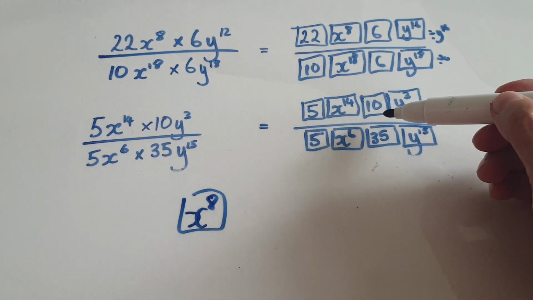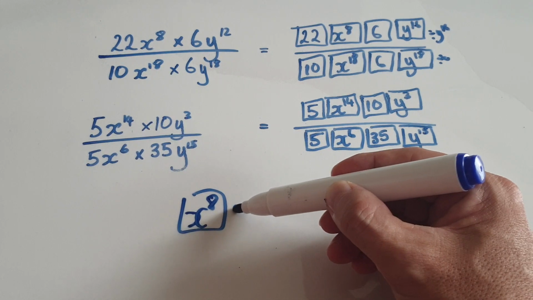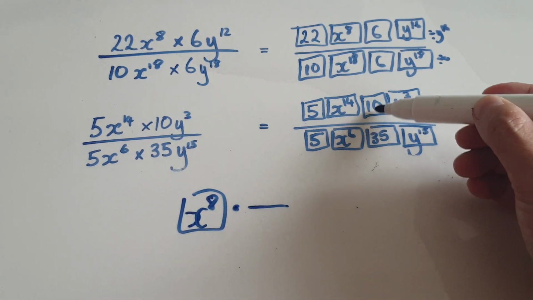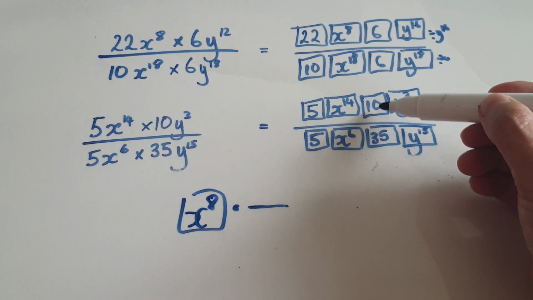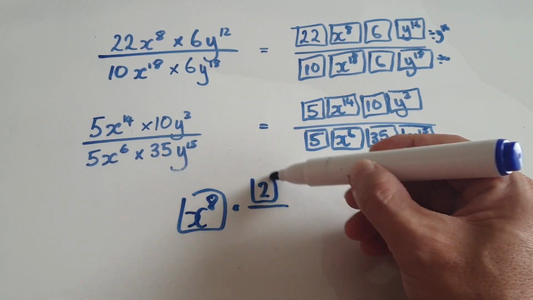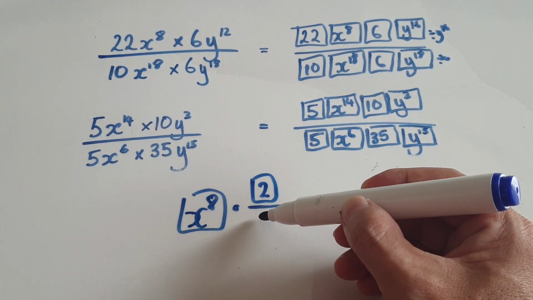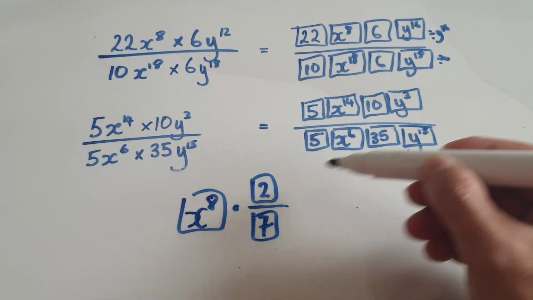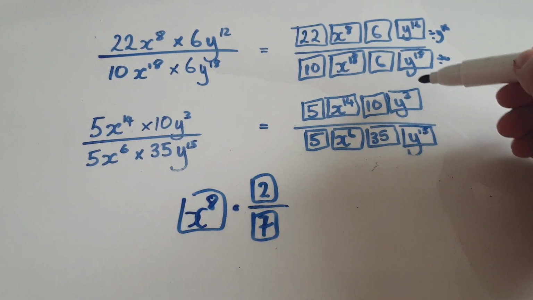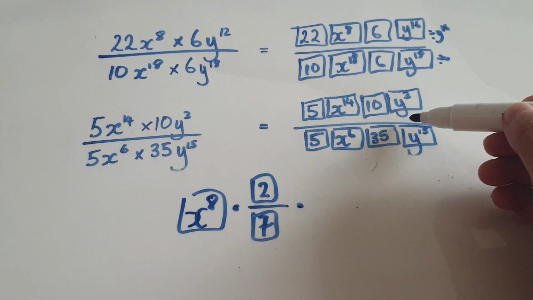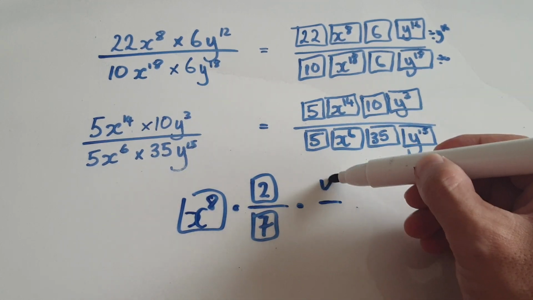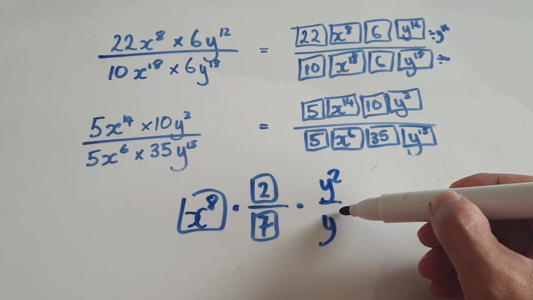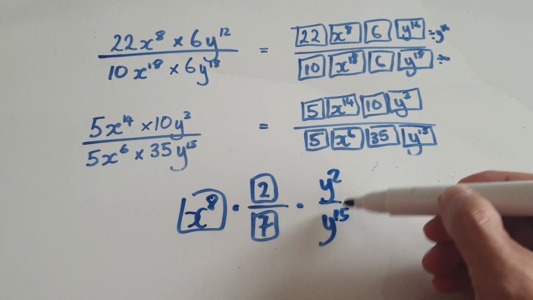This thing here, you can divide top and bottom by 5, so that would be a block of 2, and 35 divided by 5 would be a block of 7. And then for this one here, it would be times, so remember this block here is y squared, y to the power of 15. But what is this?